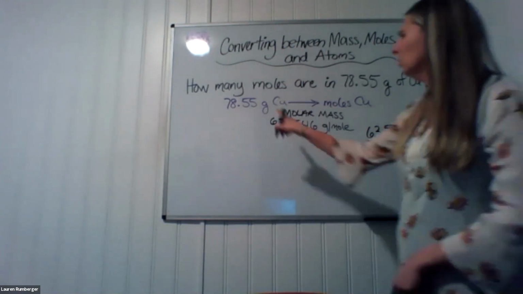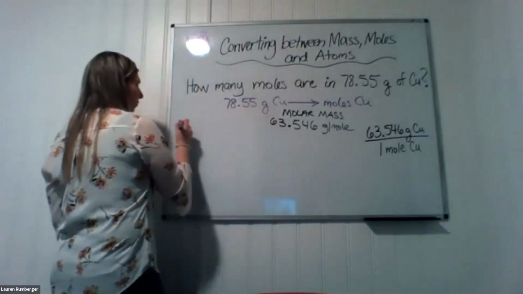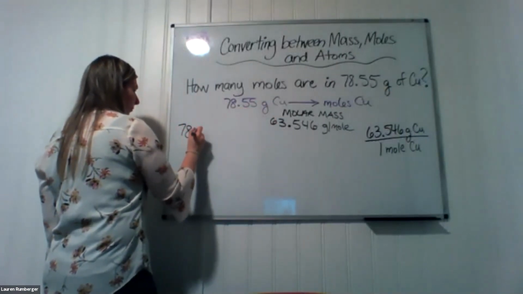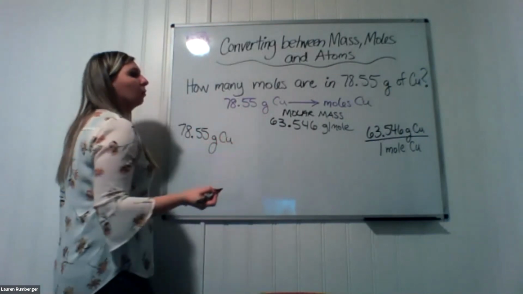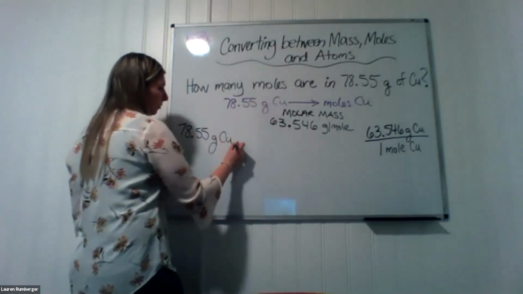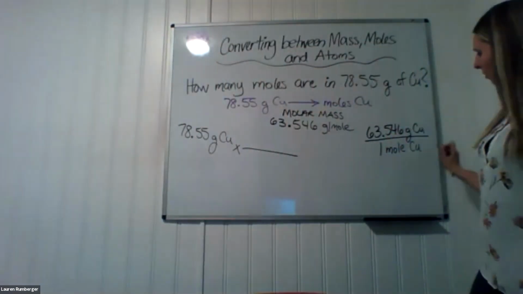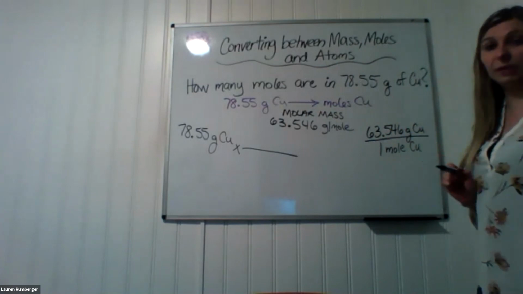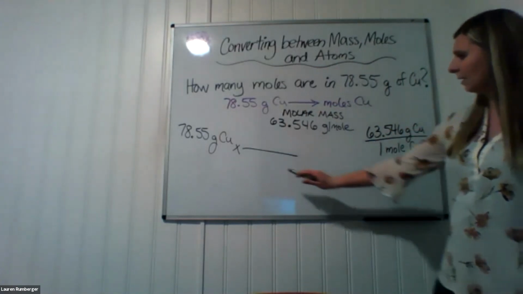So if we are starting with 78.55 grams of copper, we're looking to convert it to moles. Can we use this conversion factor as is, or will we need to flip it? As it is right now, there's moles on the bottom.